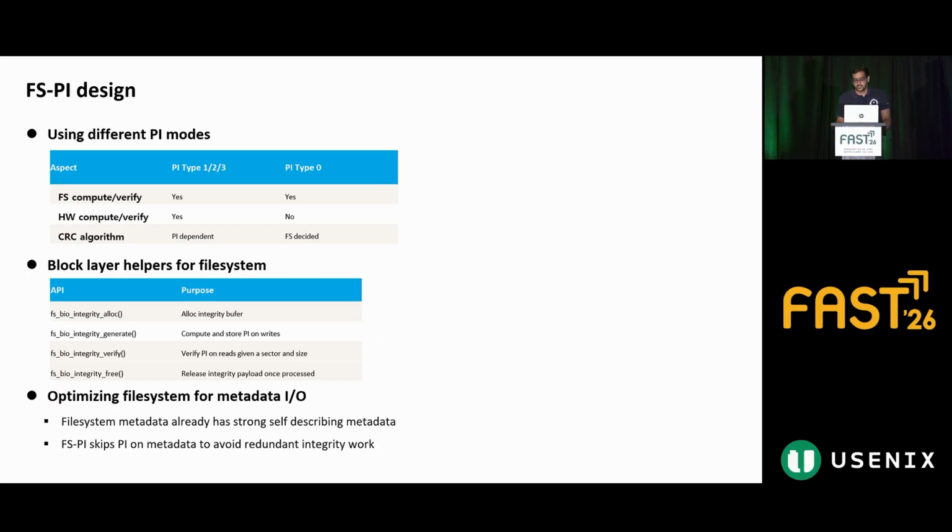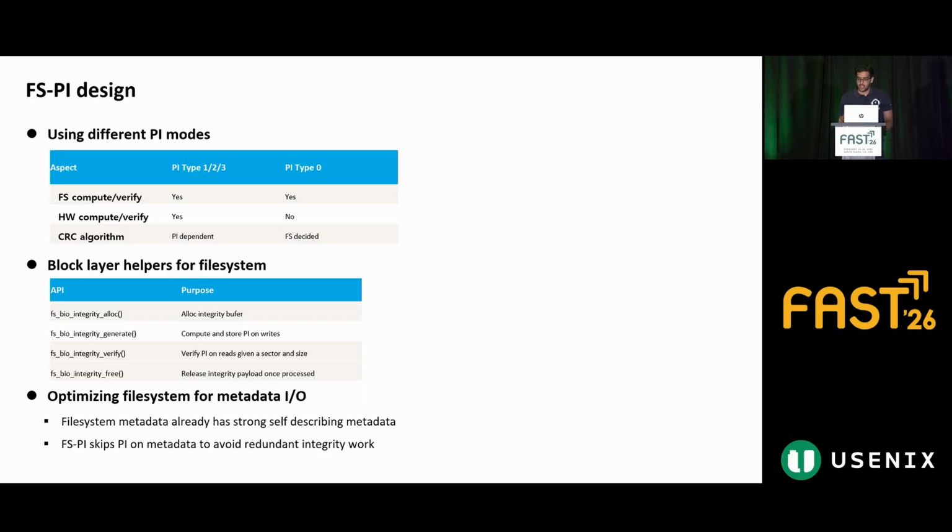With PI type 0, we get a little more flexibility to play with. The file system will generate the PI, but because the device is not going to check it, we get a bit of flexibility in deciding which checksum algorithm we want to implement. For example, the file system can choose to use CRC32, which is generally not supported by the hardware.